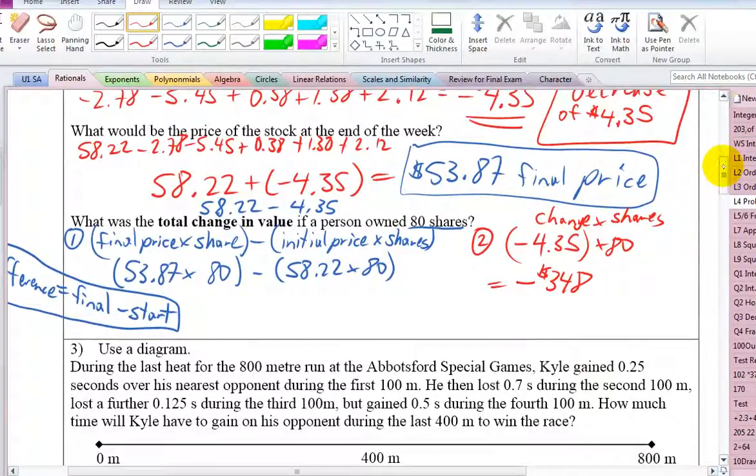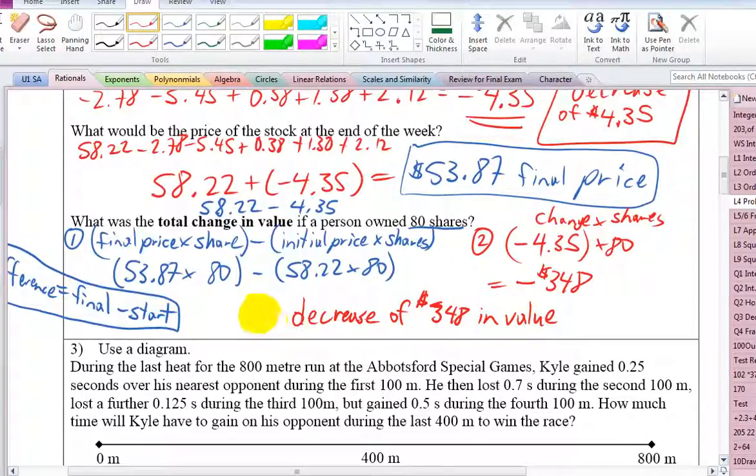What word should we use in our sentence? Well, up top we used words like lower or decrease. What word would you like to use? Change. Would you have to use the word change? There's a decrease of $348 in value.